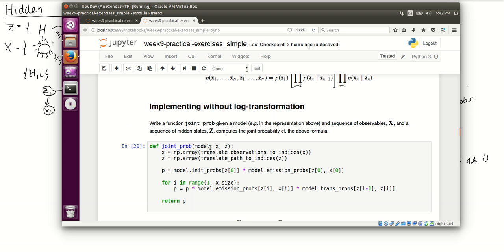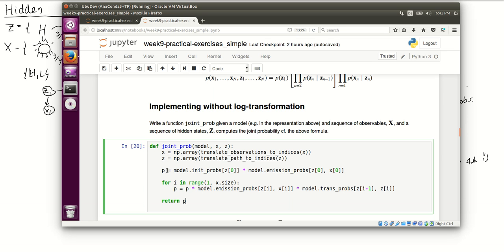So this is the code, the joint probability. The model here encodes the emission probabilities, the initial probabilities, and the transition probabilities. So we'll say p is the probabilities, and then we want to return, given x and z, the probability of this pair.